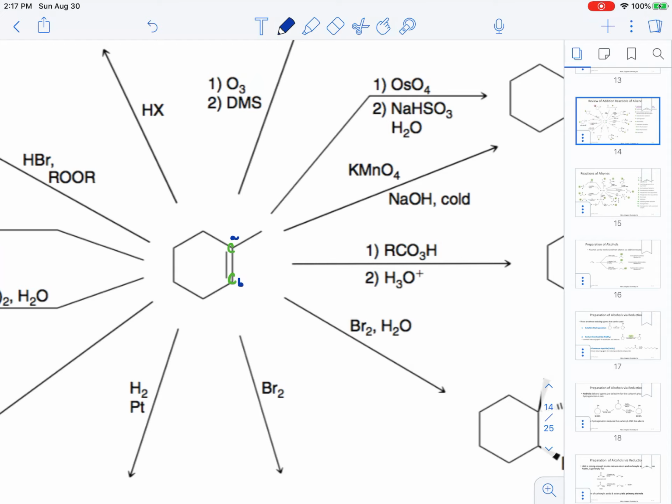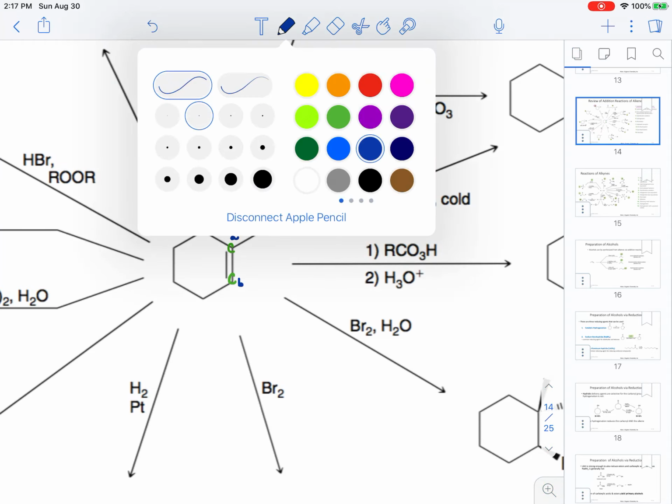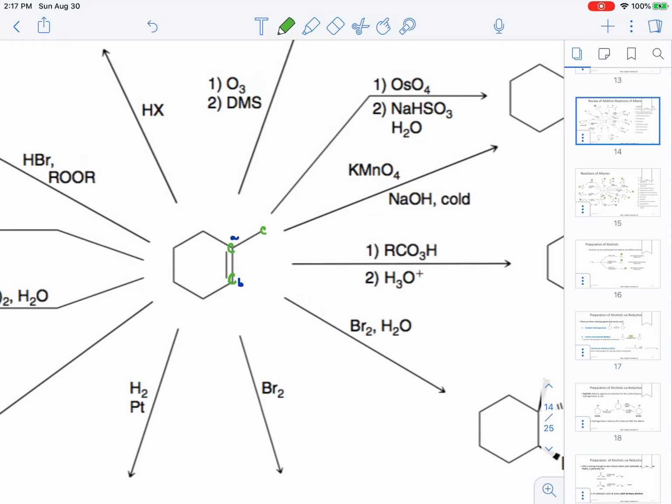What do I mean by that? The carbon on the top, carbon A, is going to be bonded specifically to carbon atoms. I'm just including the hydrogens to complete the octets on the carbon.